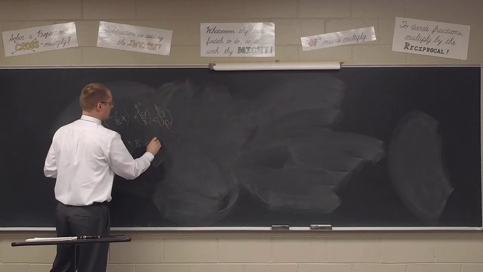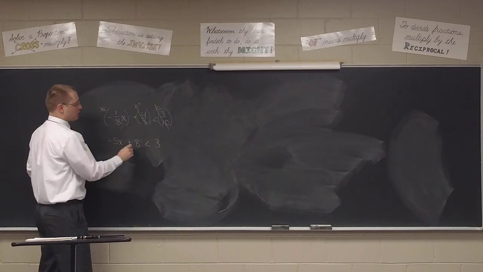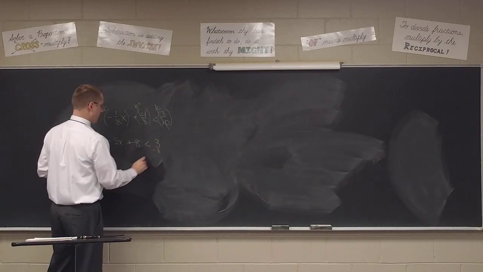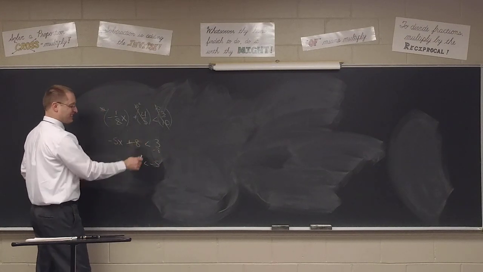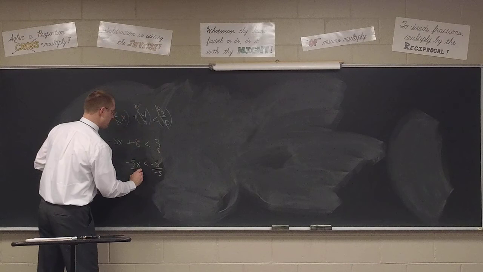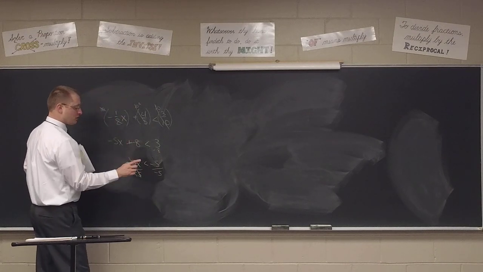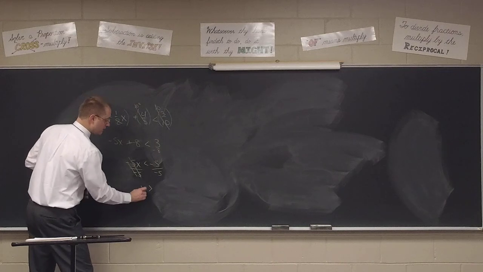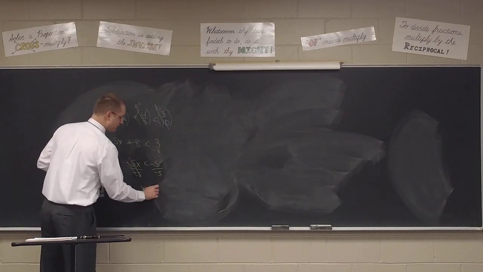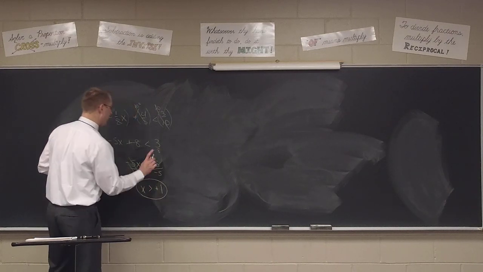Okay, and then is less than 3. All right, so we should have moved the 8 over as a negative 8 to get a negative 5x is less than negative 5. Divide both sides by negative 5, and since you're dividing by a negative, this has to flip and become greater than, so negative 5 over negative 5 gives positive 1. That's one way to do it.